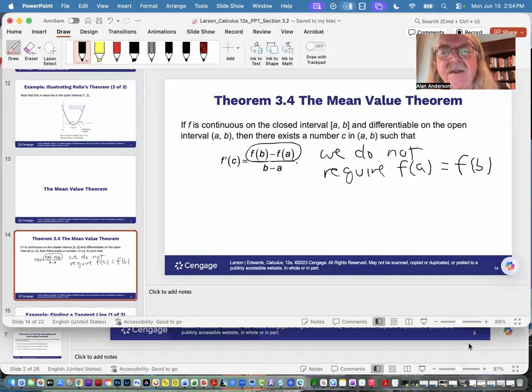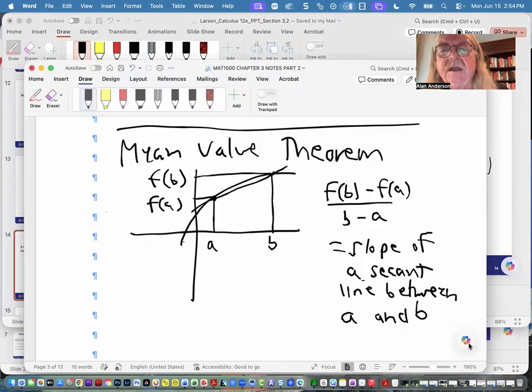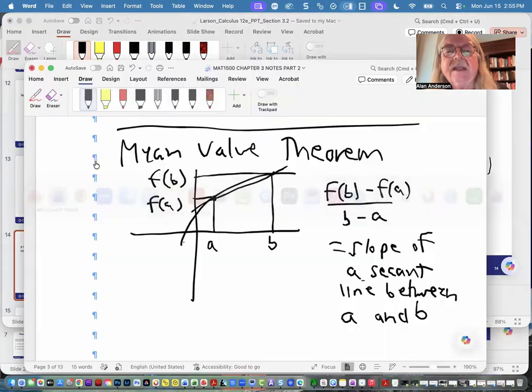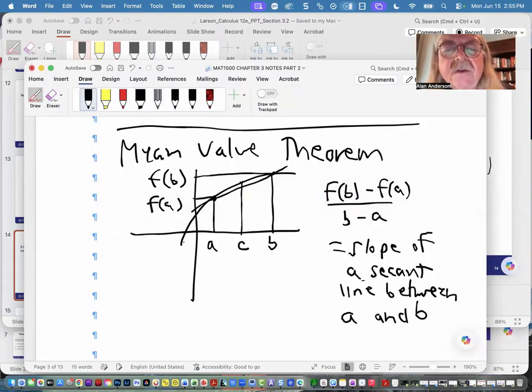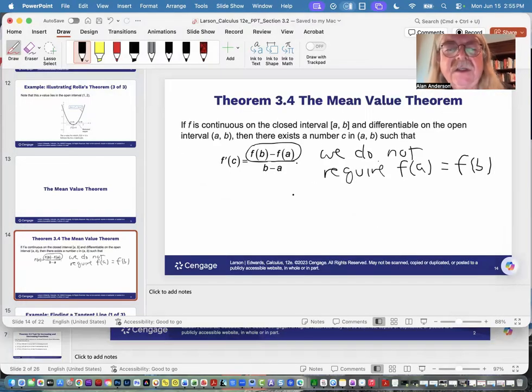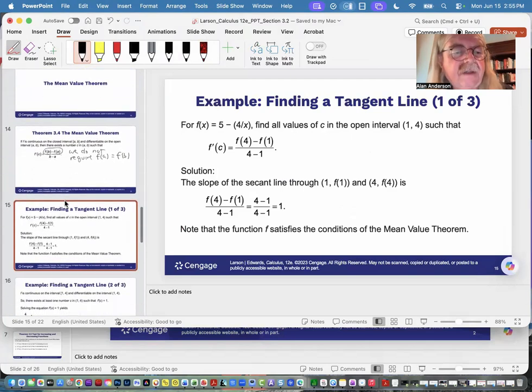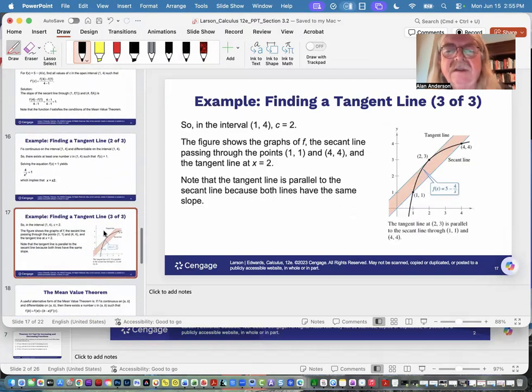Given this setup, we're guaranteed that there's a number in this interval c where the slope of the tangent line is the same as the secant line. Now, I didn't draw it as well as I could have. Let's see what they've got. But in English, that's what this means. Let me just see what they've got. Ah, here we go.